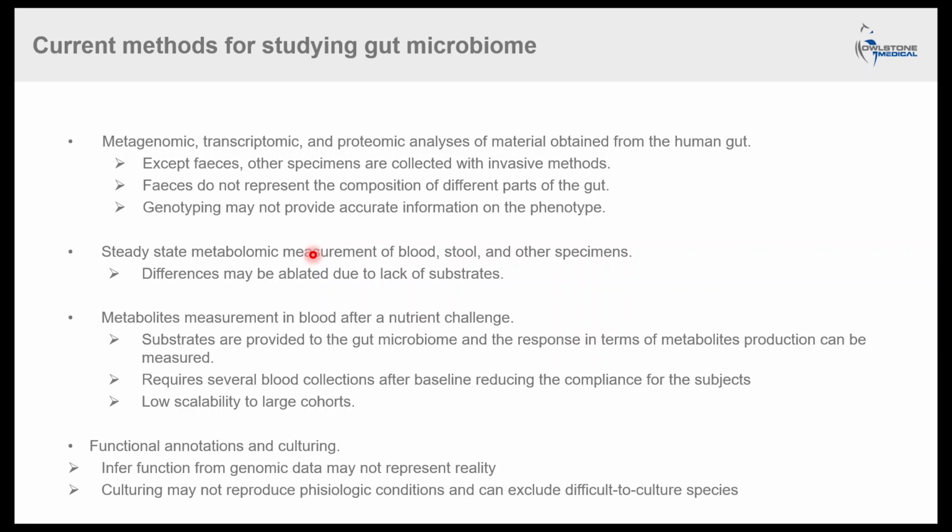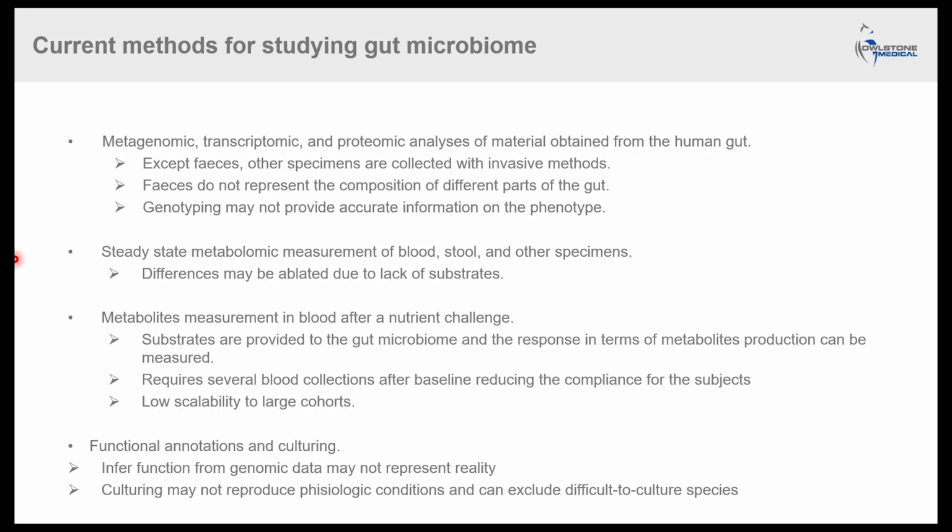Other methods are steady-state metabolic measurements of blood, stool, and other specimens. However, as we have seen before in the example for ethanol, differences may be very subtle between disease and healthy population because the bacteria in the gut do not have a substrate to work on and produce these metabolites.